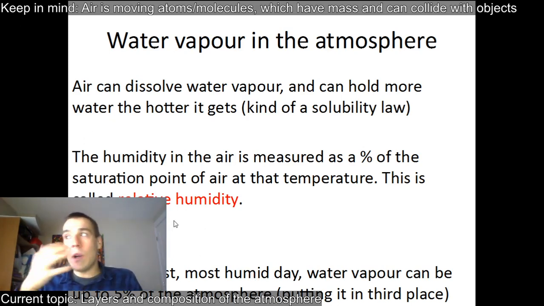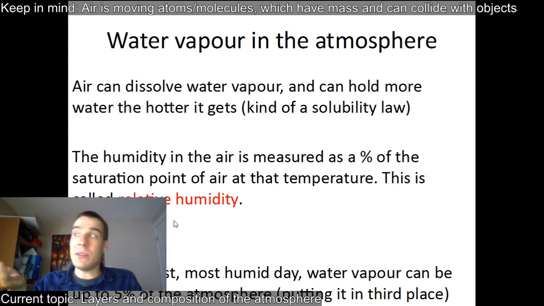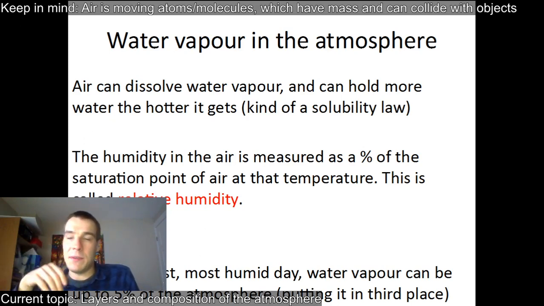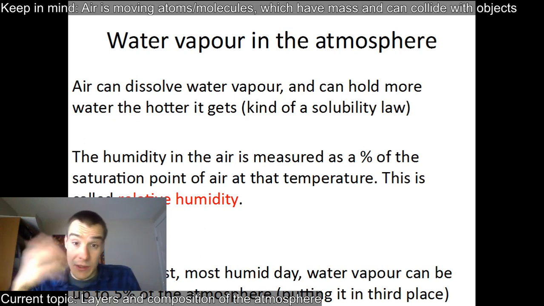Typically, you're looking at 1 or 2%, which actually puts it into third place in terms of components of the atmosphere. So typically, it's actually water vapor. It's like nitrogen, then oxygen, then water vapor, then argon, and then it kind of flips back and forth. In the winter, it can be very dry because it's so cold. In the summer, it's usually in third place.